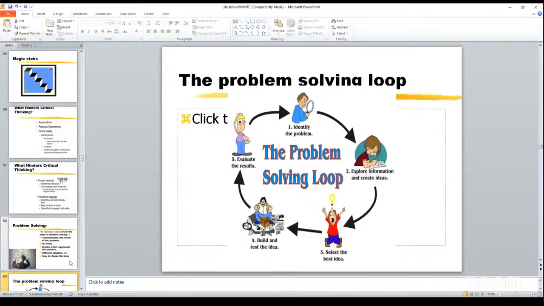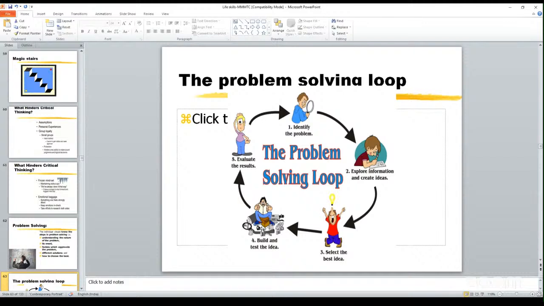First we identify the problem, followed by exploration of information and creating ideas, because that's what I was saying about what is known and what is unknown. Then select the best idea or strategy to solve the problem, and apply or execute the strategy you have chosen.